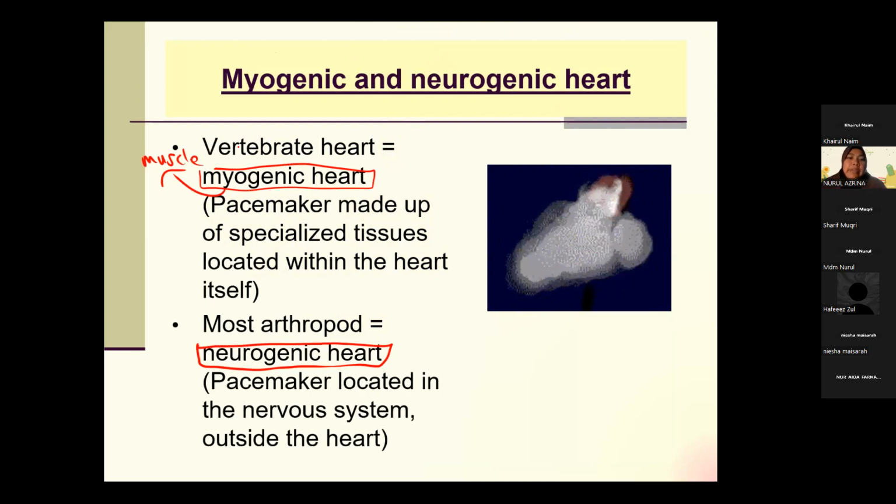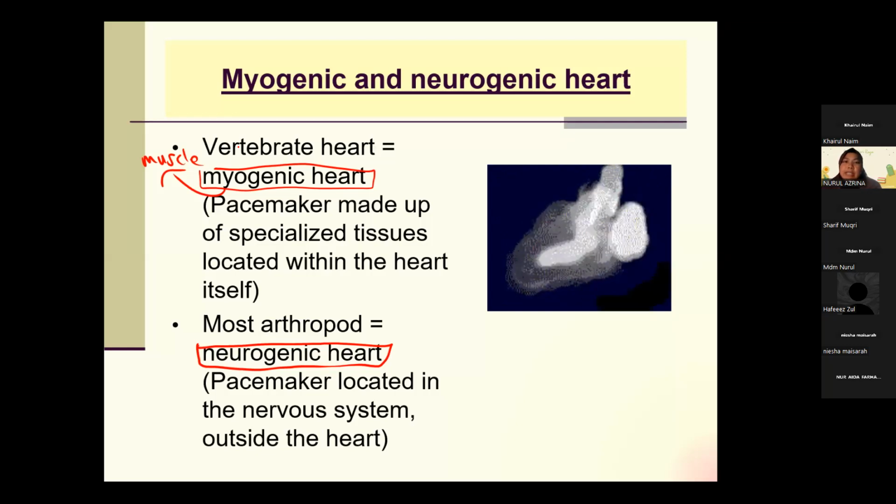Okay, so the pacemaker, which is the node, is made of specialized tissue, and the pacemaker is located within the heart. You can see just now, right? SA node and AV node are located within the heart. So this is what we call a myogenic heart, where the pacemaker is located within the heart itself.